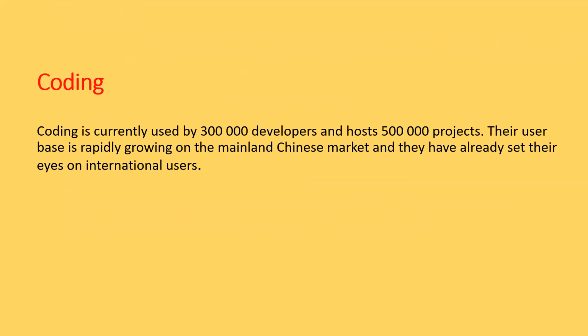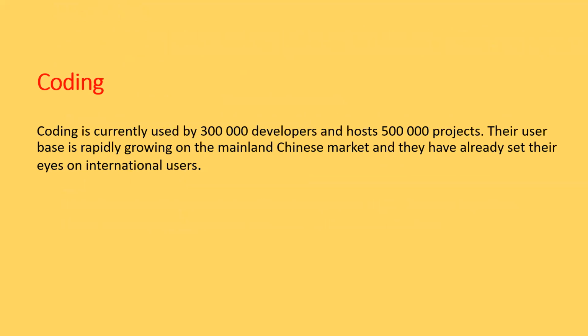Coding is currently used by 3 lakh developers and hosts 5 lakh projects. Their user base is rapidly growing on the mainland Chinese market, and they have set their eyes on international users, but not that much it seems. So they are only concentrating on their own market.